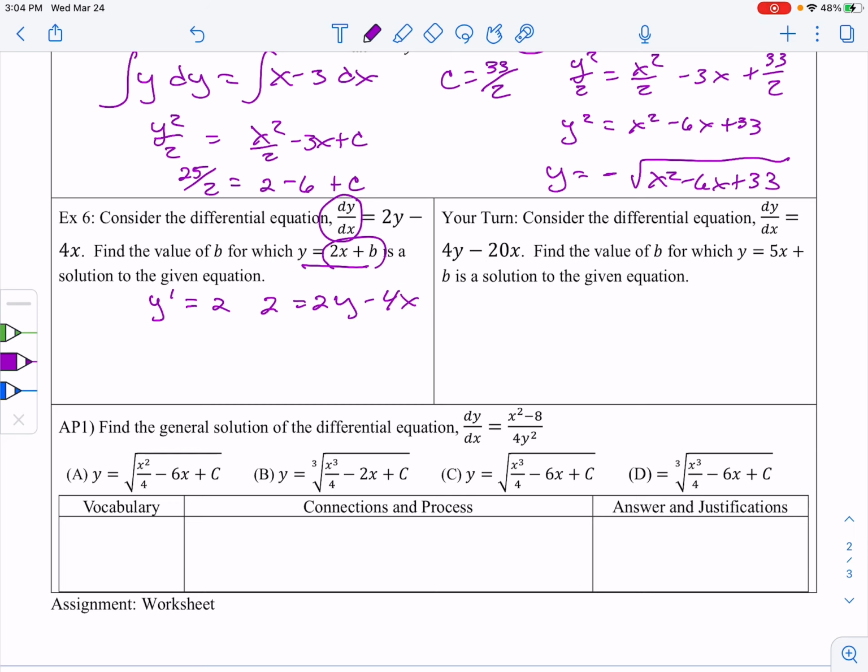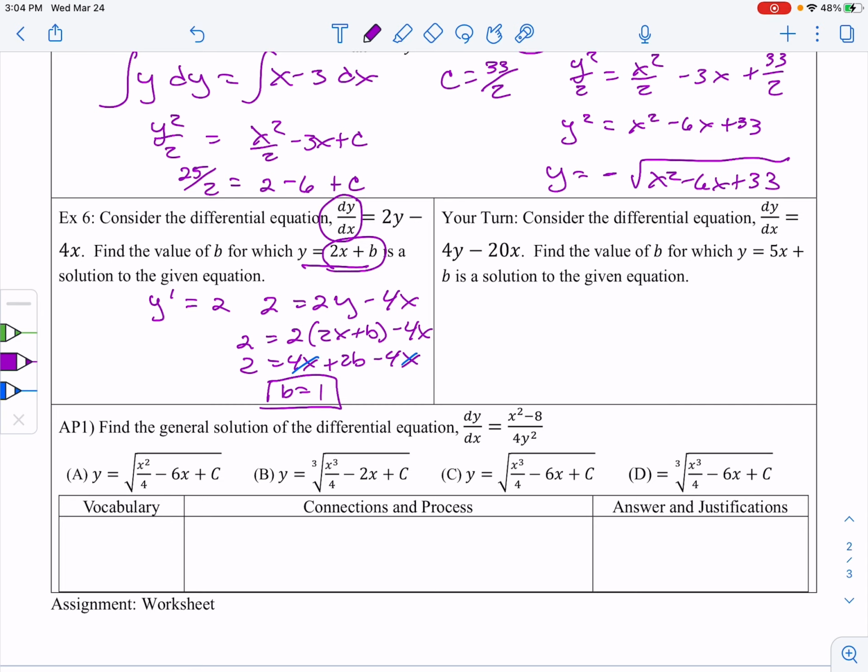Since y is equal to this, I'm going to substitute that in. 2 equals 2 times 2x plus b minus 4x. So 2 equals 4x plus 2b minus 4x. These guys go away. And I have 2 equals 2b, so b is equal to 1.